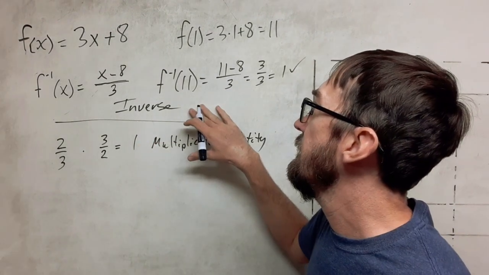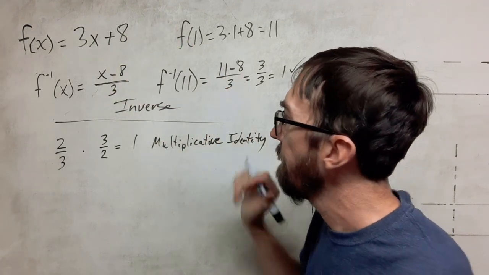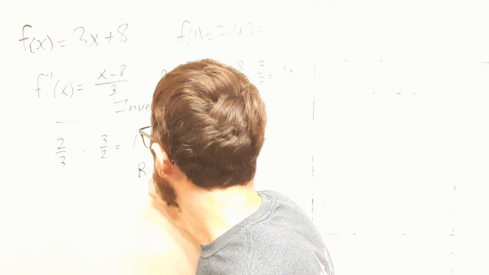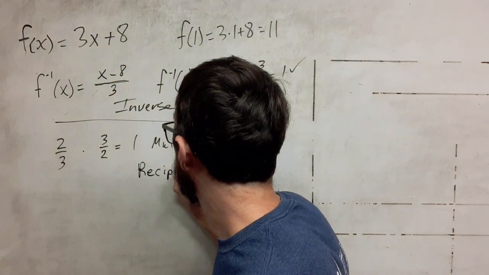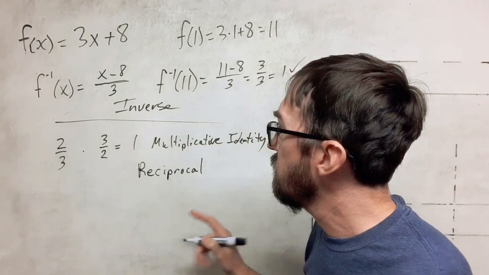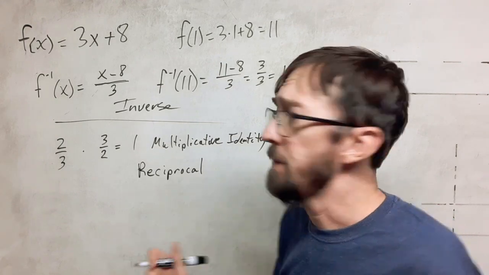But we've already defined the inverse function as being the function that undoes the other function. So this is what we're going to call a reciprocal. The reciprocal, we want to be the flipped upside down fraction.